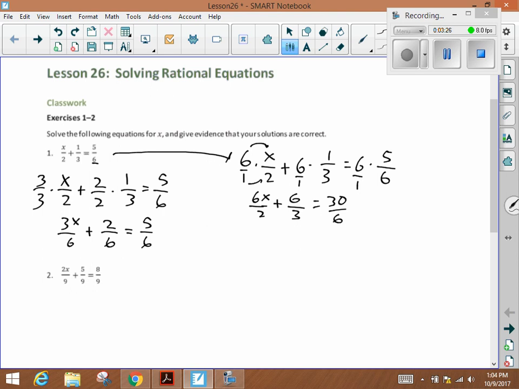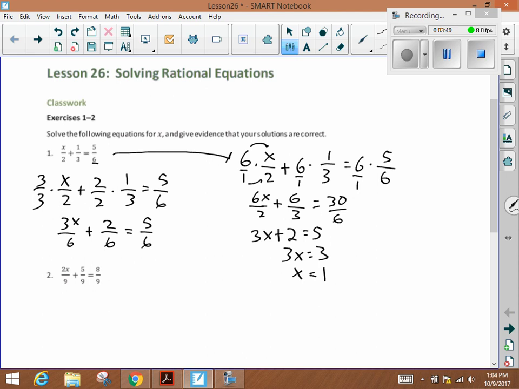Now I can simplify these fractions. 6 over 2 is the same as 6 divided by 2, that's 3x, and 6 over 3 is 2. And 30 divided by 6 is 5, and now I can solve this really simply. Subtract 2 from both sides, and I get 3 here. So x is 1. Not too bad.